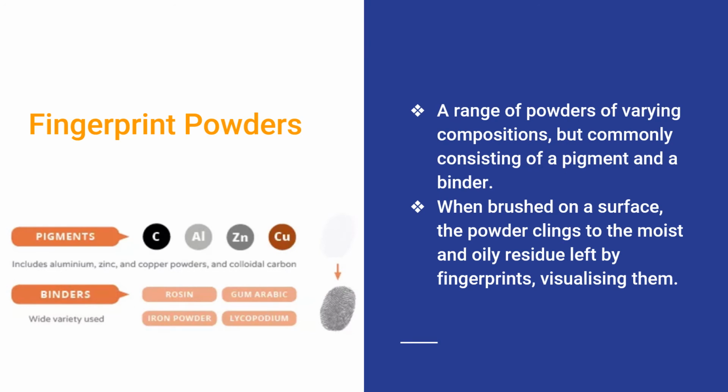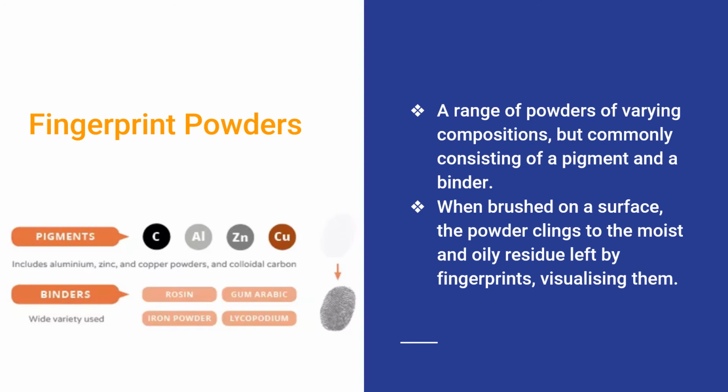Fingerprint powders. A range of powders of varying compositions, but commonly consisting of a pigment and a binder. When brushed on a surface, the powder clings to the moist and oily residue left by fingerprints, visualizing them. The image on the slide displays the commonly used pigments and all the consisting elements of it.